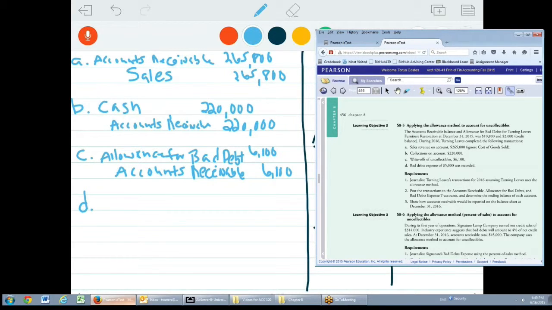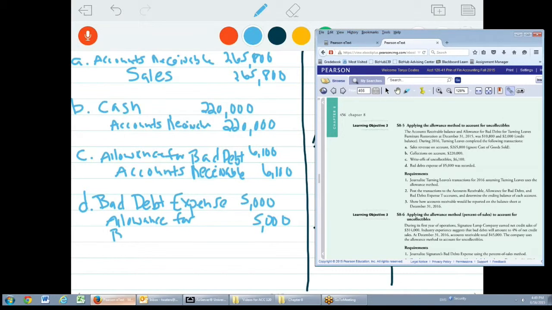But to record our bad debt expense, we would record a debit to bad debt expense for $5,000, and we would record a credit to the allowance for bad debt account. Okay, so this is requirement 1. We've journalized all of the transactions.